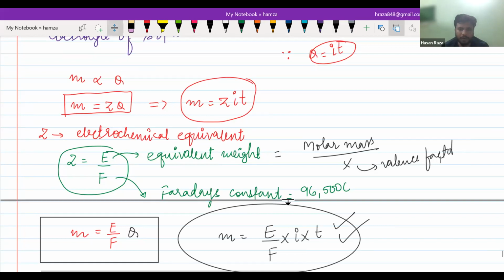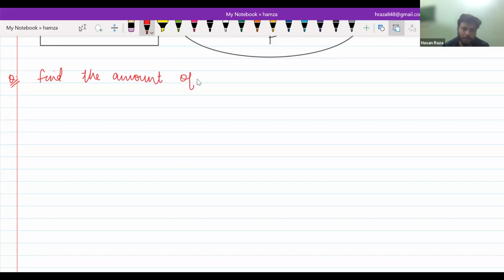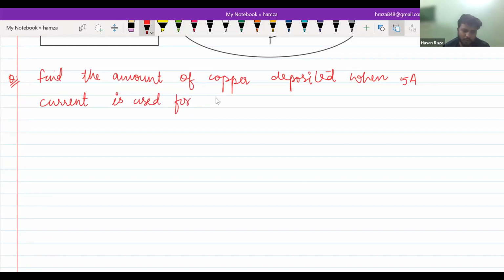So I'm going to give you a question. Find the amount of copper deposited when 5 ampere current is used for 1 hour to electrolyte CuSO4.